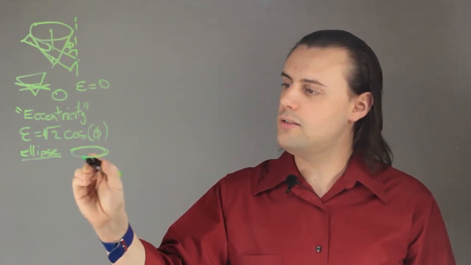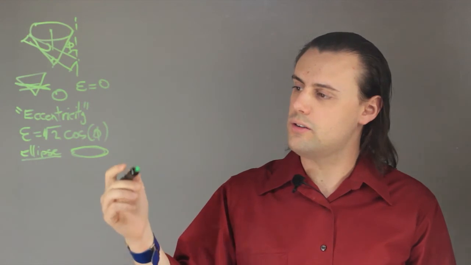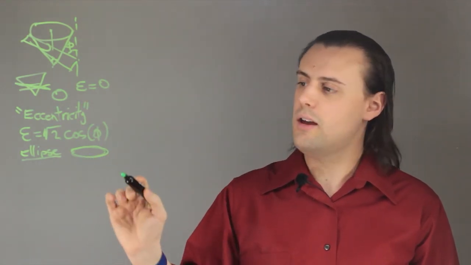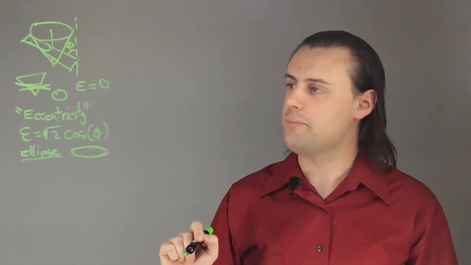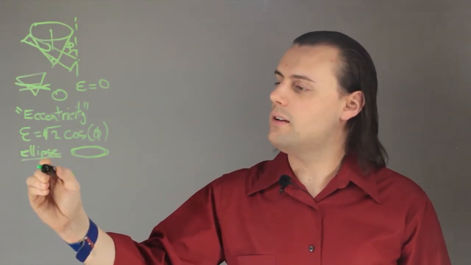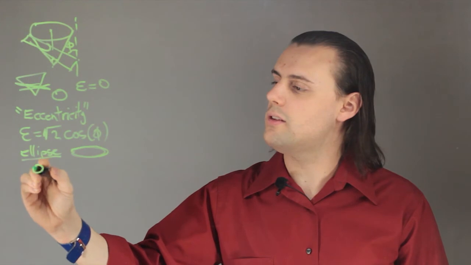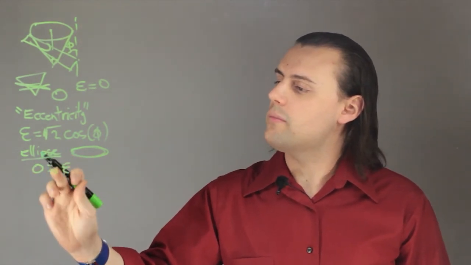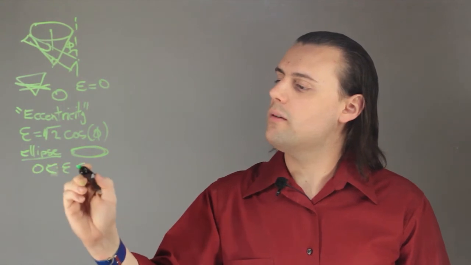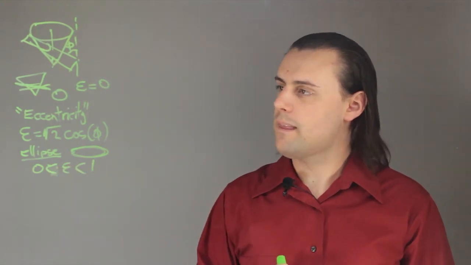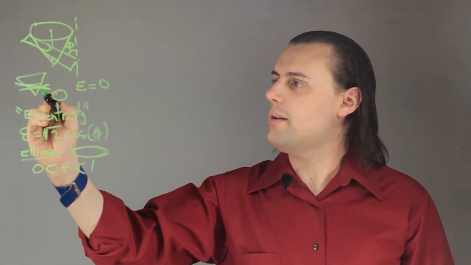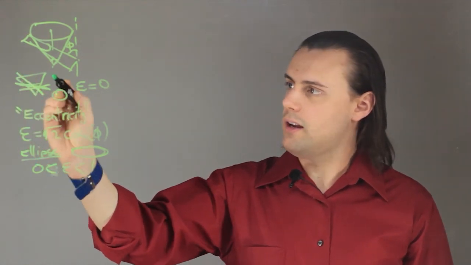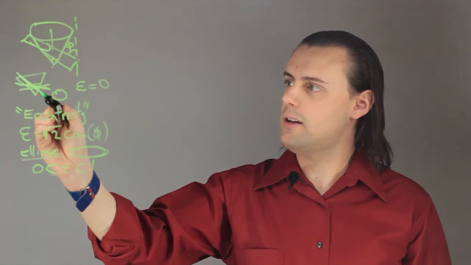So an ellipse is what Kepler discovered to be the curve or trajectory of the planets orbiting around our star, the Sun. And ellipses have eccentricities that are greater than 0, but less than 1.